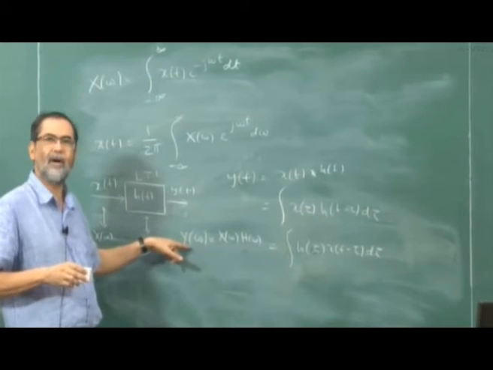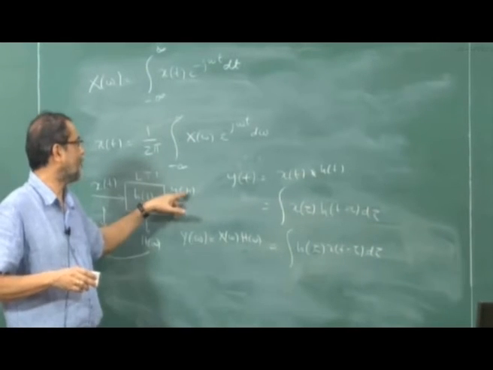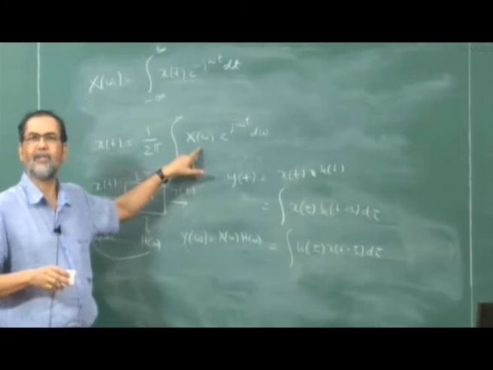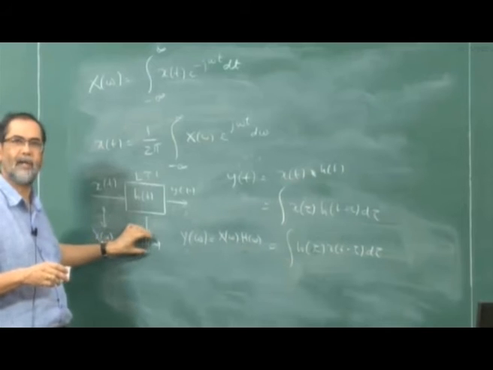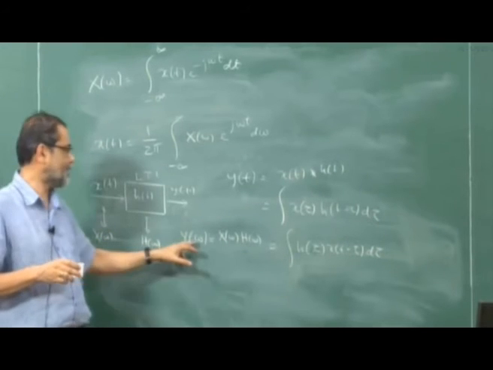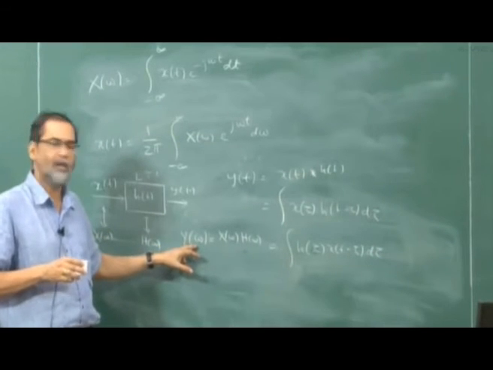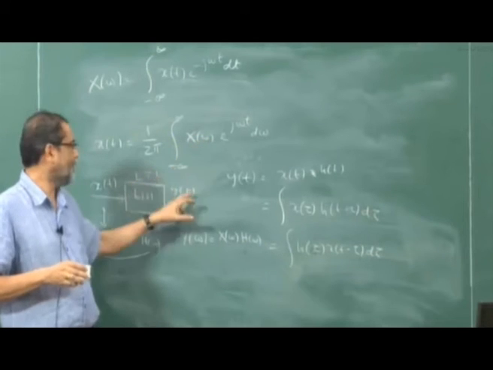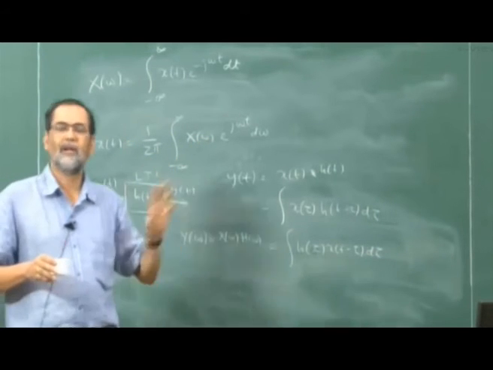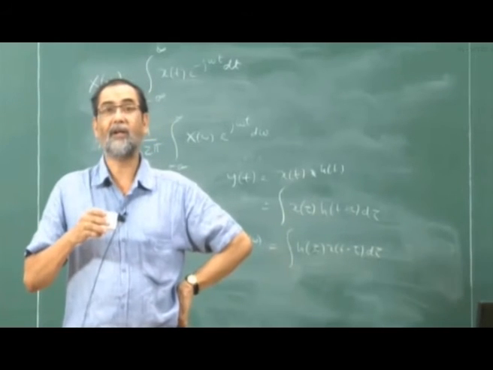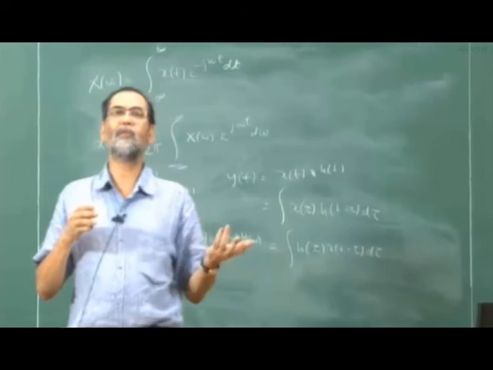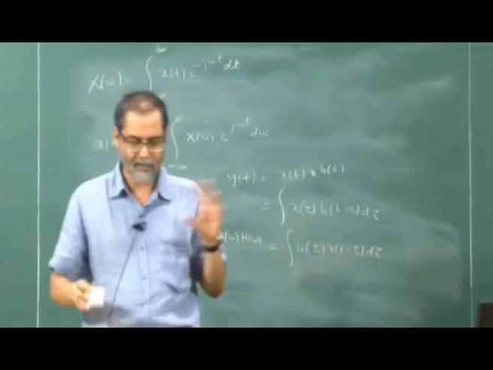Now, knowing Y of omega, I can get y of t by the inverse Fourier transform relationship. Take x of t, find X of omega, h of t, find H of omega, find the product, that's the Fourier transform of the output, then apply the inverse to get y of t. So the convolution property is most widely used to avoid doing convolution. It replaces convolution by simple multiplication. That's the application of this.